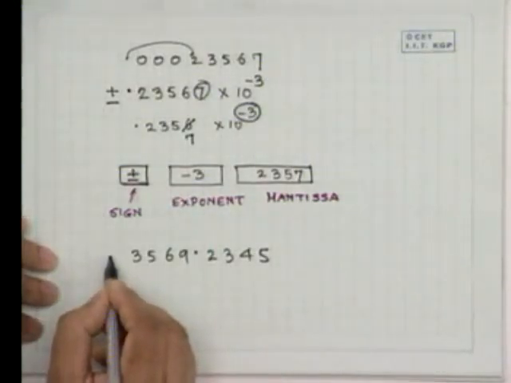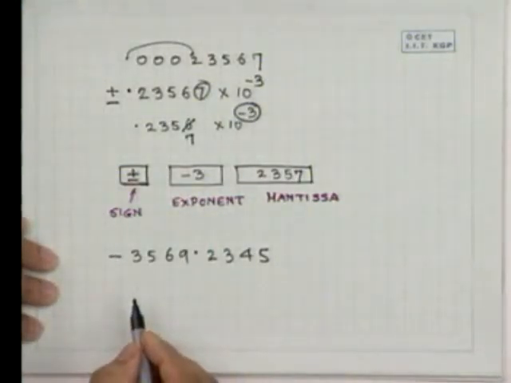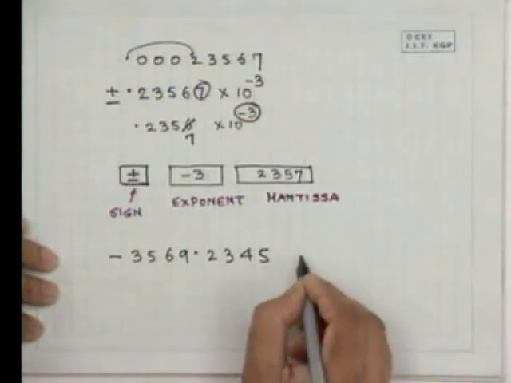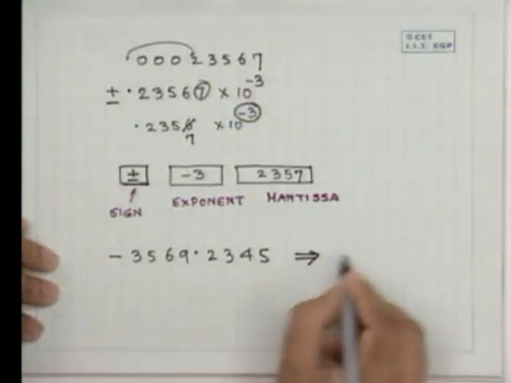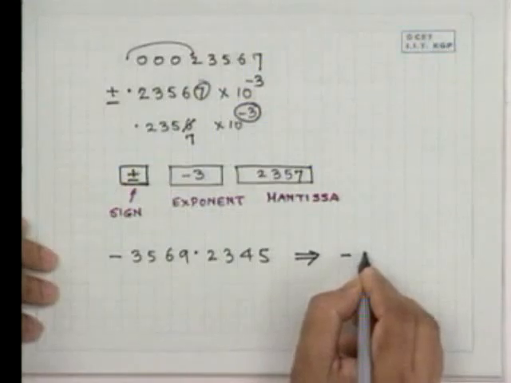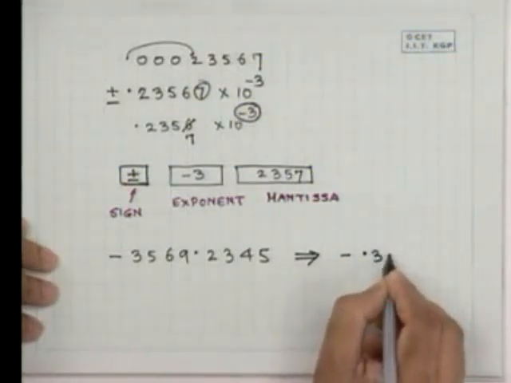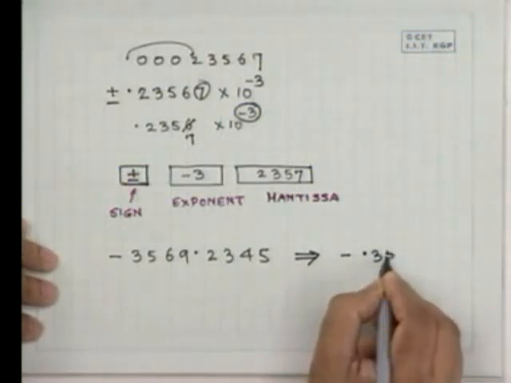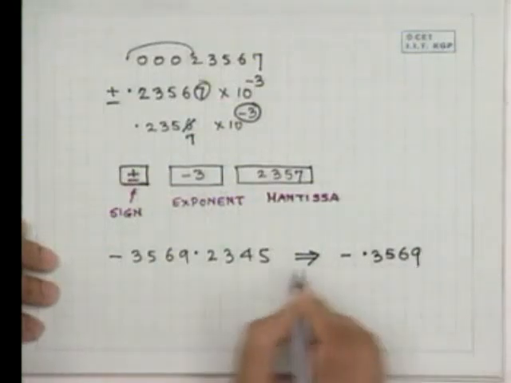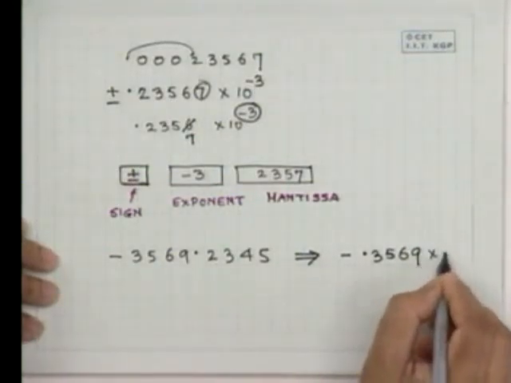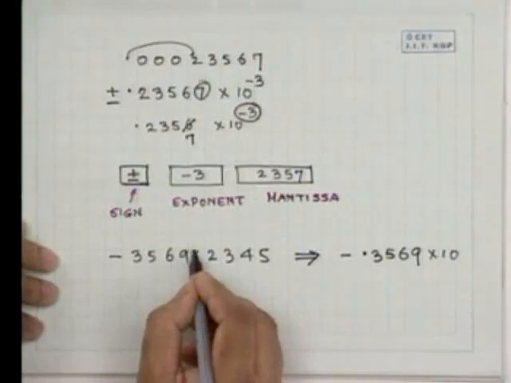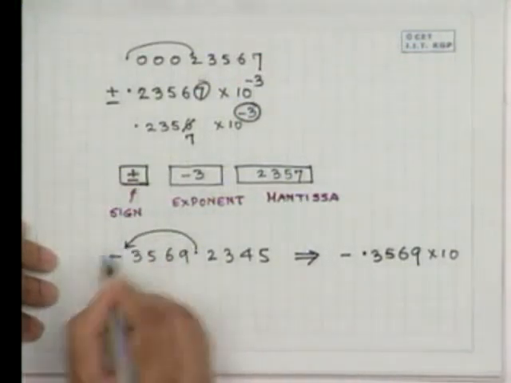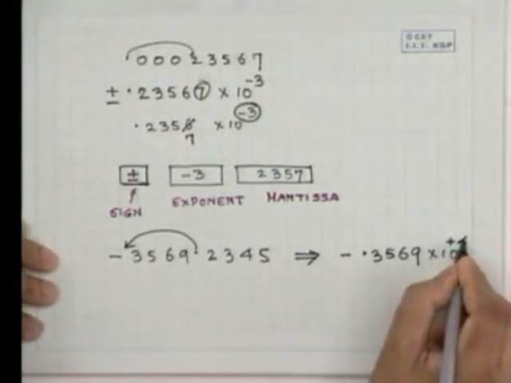We say the number is a negative number, so we will have to represent this as minus, in a normalized form, 0.3569 into 10 to the power, since the point is shifted over to here, plus 4.